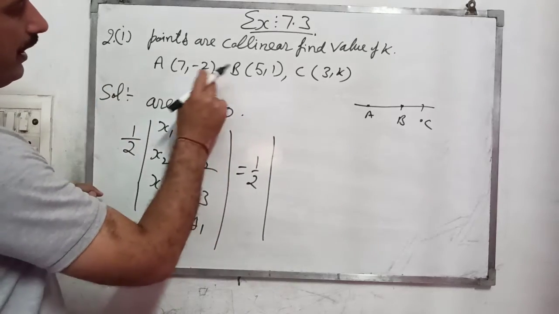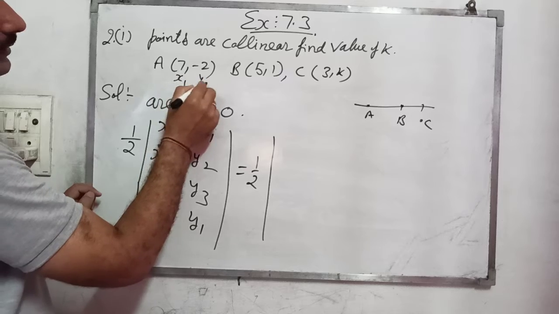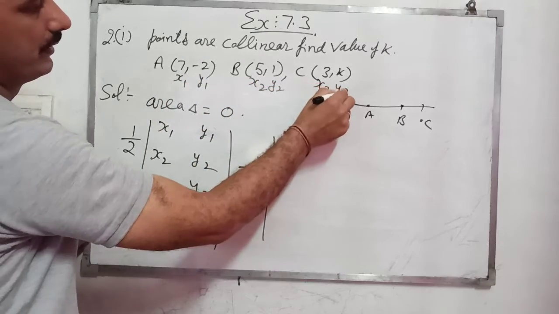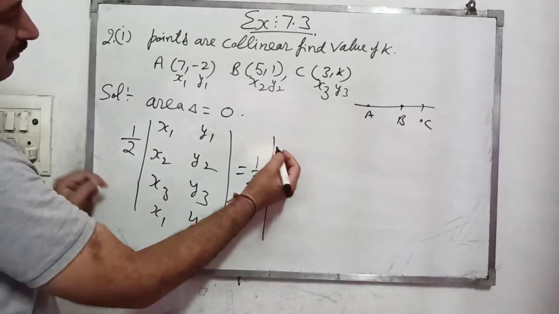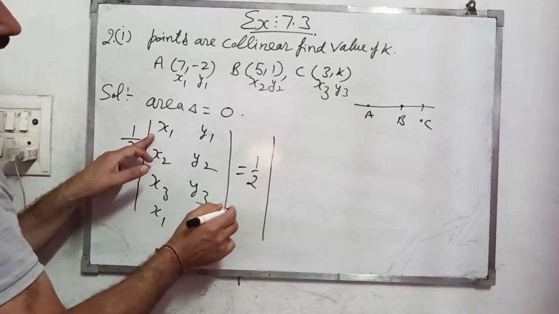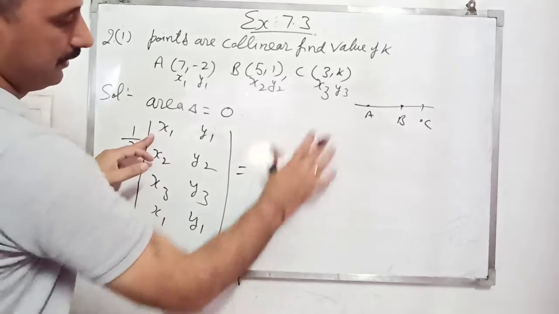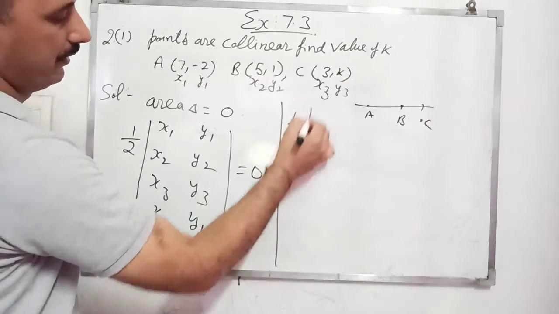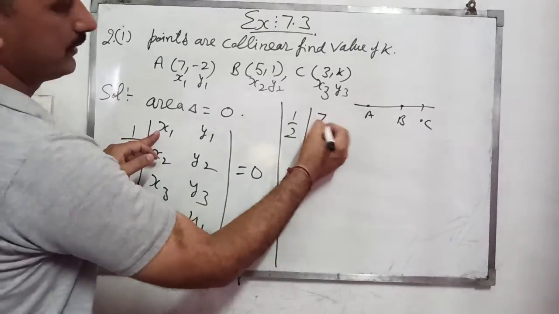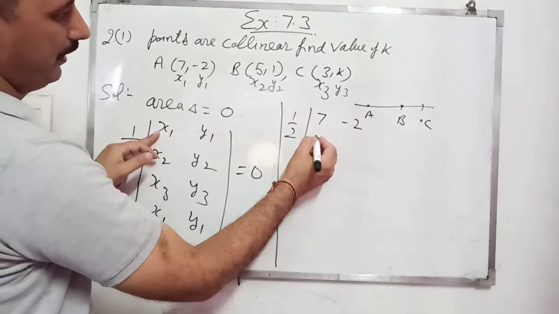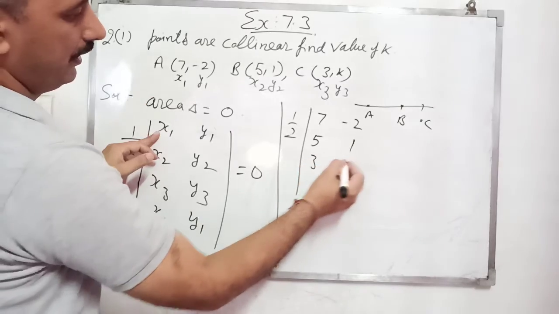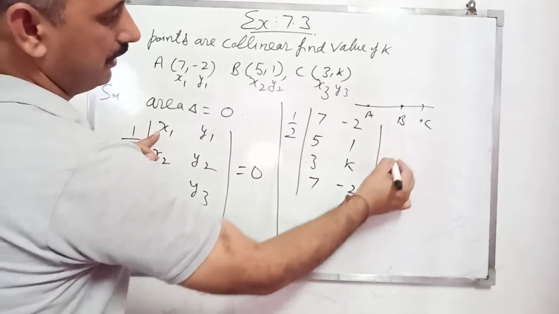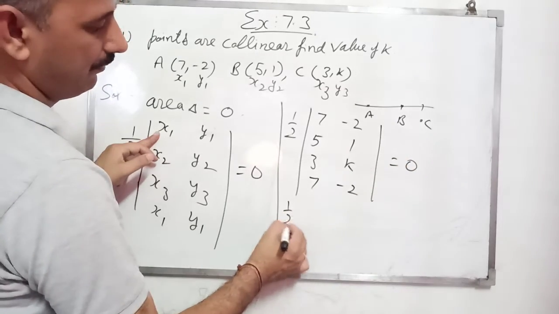Put the values: x1, y1, x2, y2, x3, y3, equal to 0, and we can use here 0 and half. Now put the values: x1 is 7, y1 is -2, then 5, 1, then 3, k, and again 7, -2, equal to 0. So 1 upon 2.